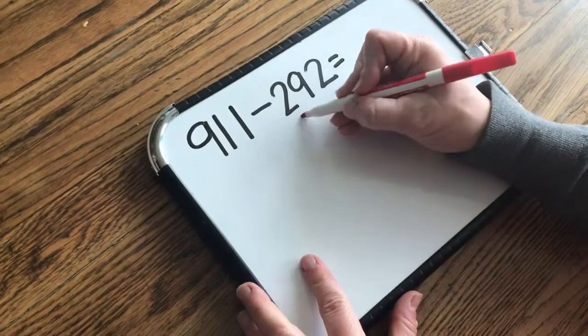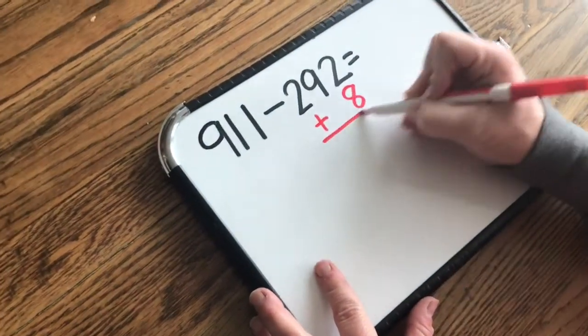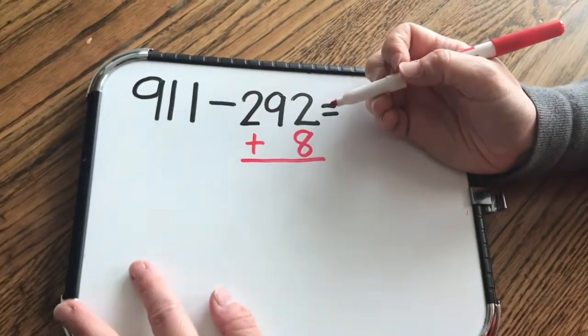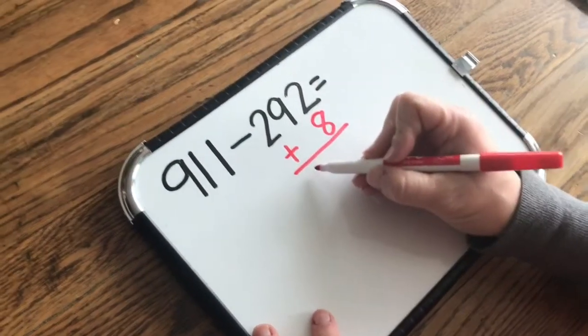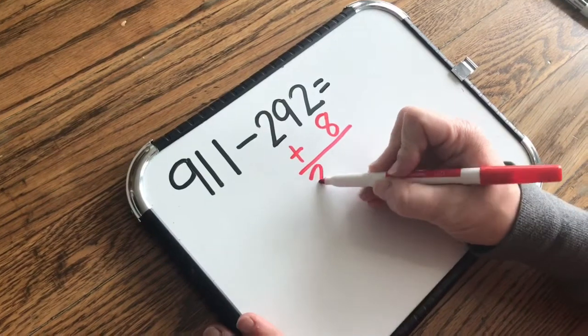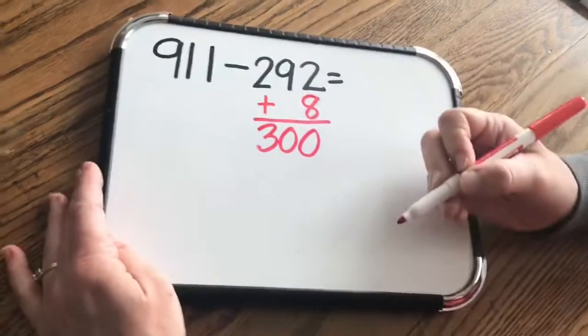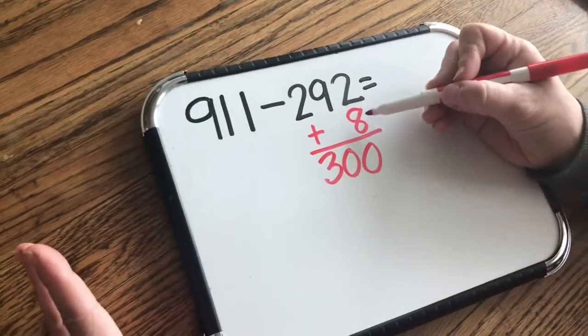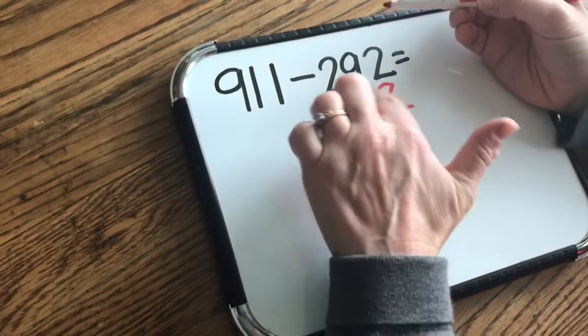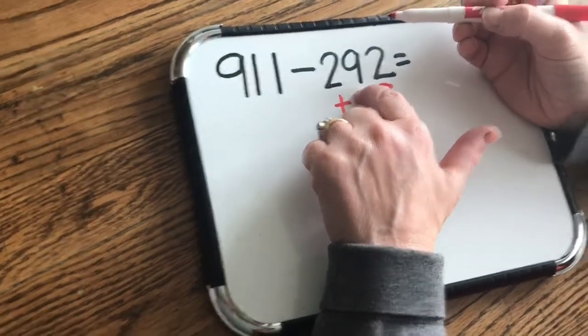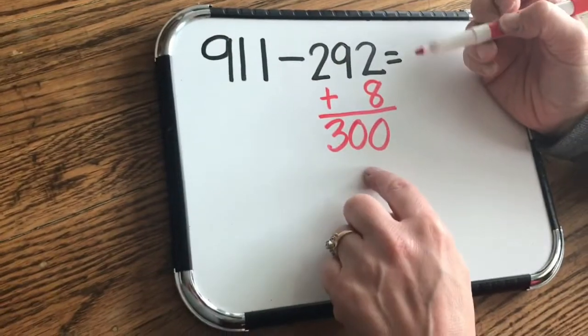I know that if I just add 8 more to this subtrahend, 292, then I'll arrive at 300, the next multiple of 100. I know that because 2 plus 8 is 10. And if I have a 9 in the tens place and I add another 10, then I'm at the next multiple of 100.